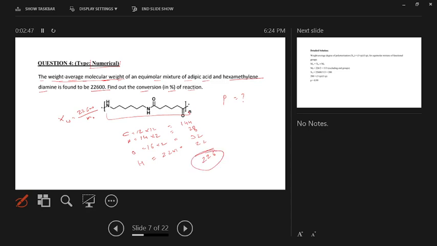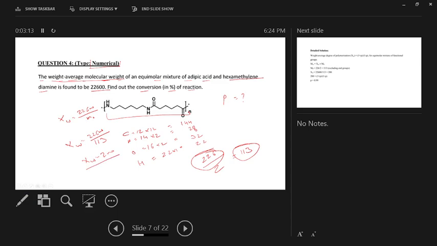But this repeating unit contains two monomers, so it will be divided by 2. So M0 will be 113. You need to divide 22,600 by 113, and you will get around 200.